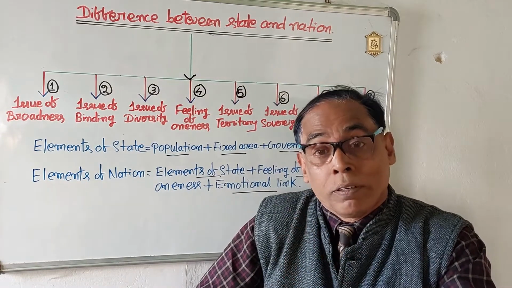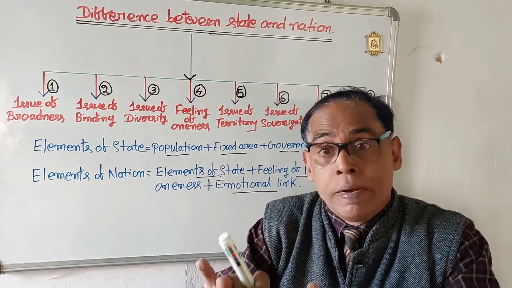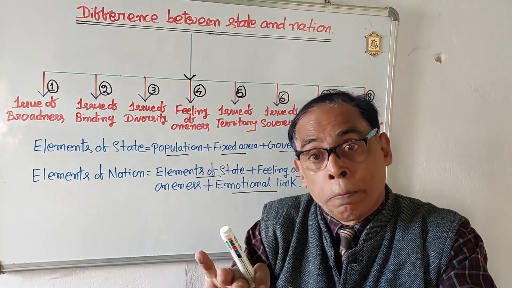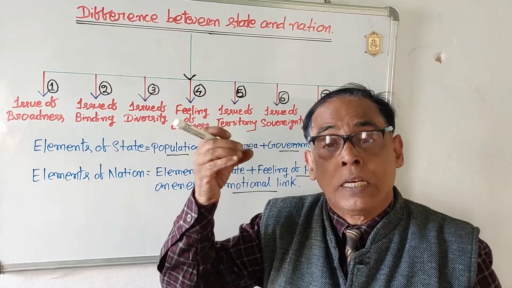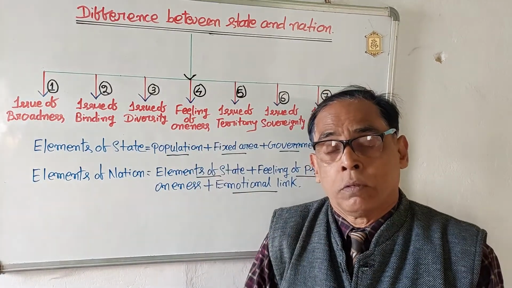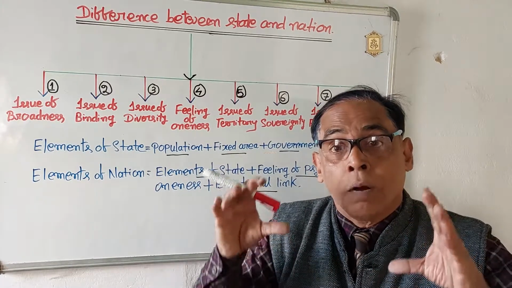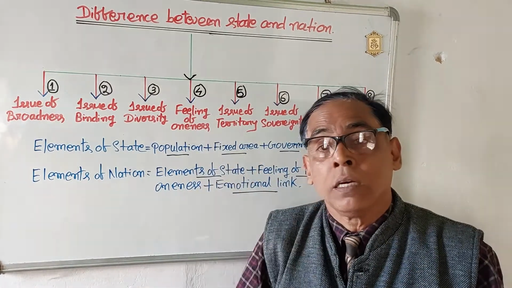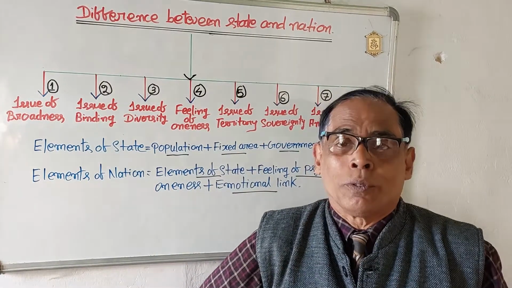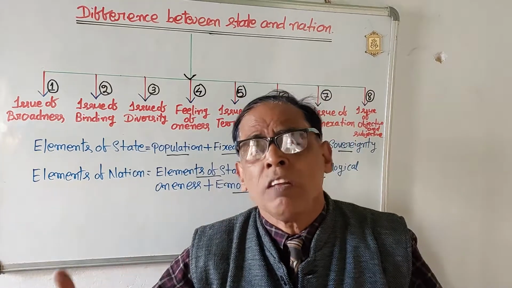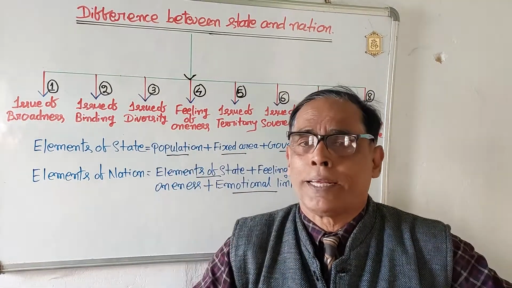A nation will be formed by taking the four elements of state plus the feeling of oneness mentally, plus emotional link. But a state is formed only by taking four elements: population, fixed area, government and sovereignty.